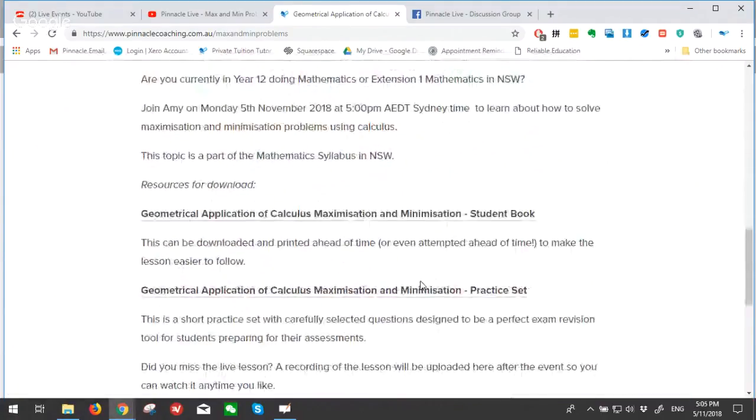And there are resources you can download here. So there's a student booklet, which is basically the examples we'll be going through today in this live stream. You can follow along with the student booklet. It's basically got all the questions there, and you can write down your answers right there. And if you're up for it, definitely try the practice set.